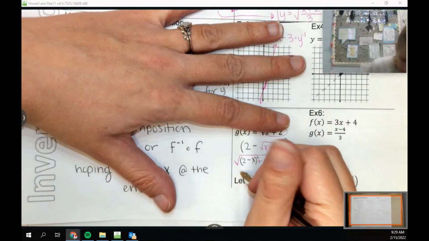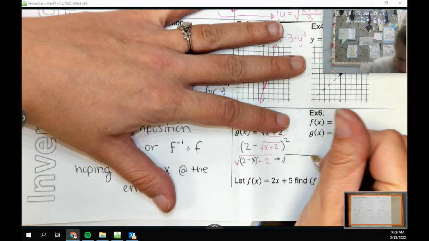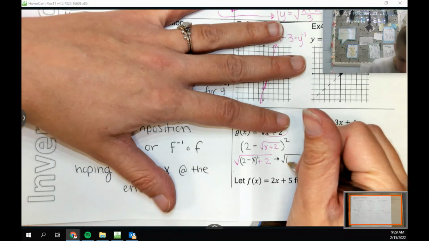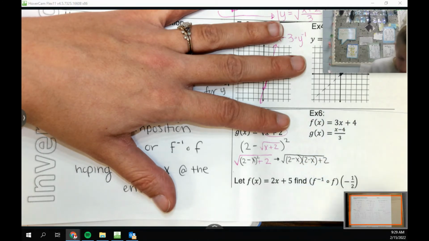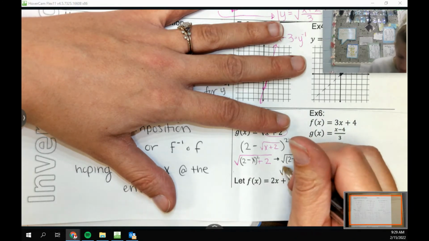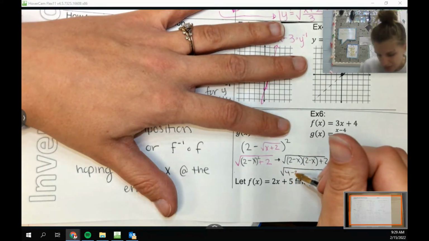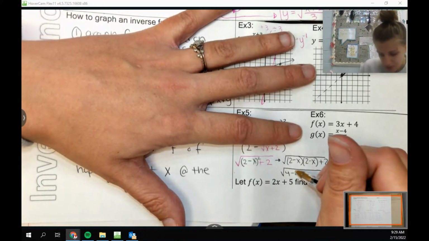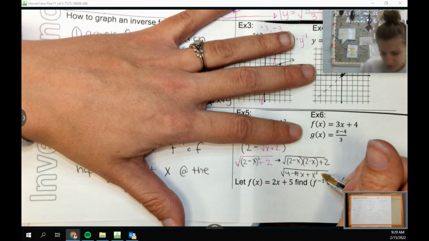Okay, let's FOIL this. Got the big old square root. We're going to have 2 minus x times 2 minus x, plus 2. So if I FOIL fast, we're going to have 4 minus 2x minus 2x, which is minus 4x, plus x squared, plus 2.